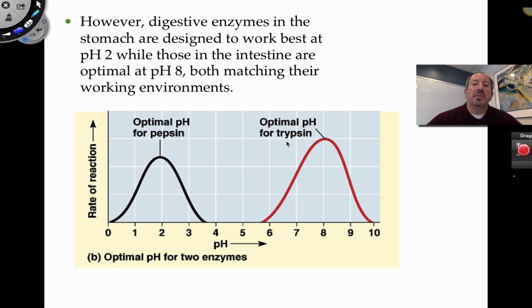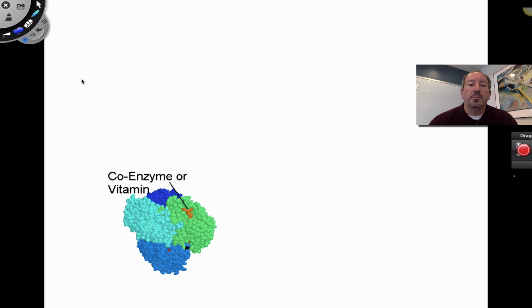Some of the protein digesting enzymes, like trypsin, this is also a protein digesting enzyme, like pepsin. These are both hydrolytic proteins. Trypsin works best over here in an alkaline environment, because that's where it is in the upper part of the small intestine. So that's kind of interesting. Each enzyme has its own optimal pH.